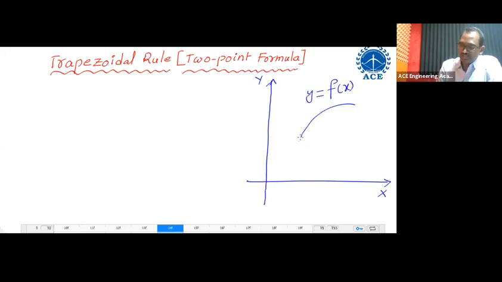Integral a to b f of x dx means the area under the f of x curve between the lines x is equal to a and x is equal to b.